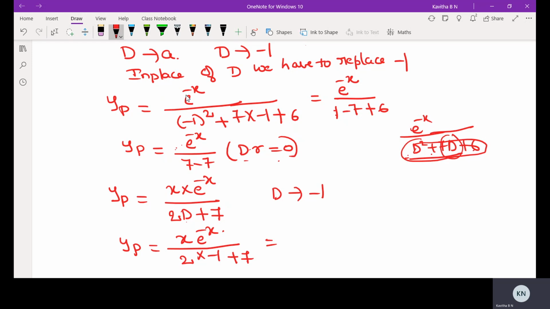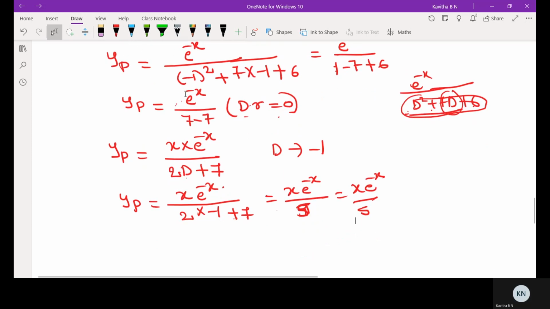Then x into e to the power of minus x. 7 minus 2 is what? 7 minus 2 is 5. So x into e to the power of minus x by 5. Then yp is equal to x into e to the power of minus x by 5.